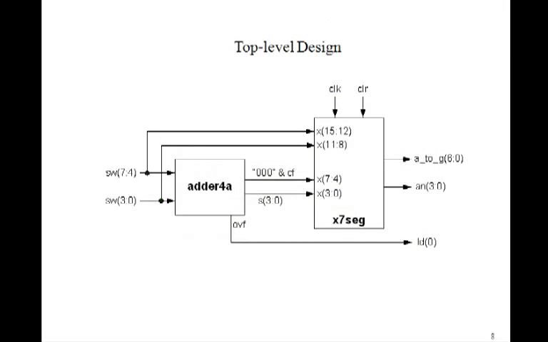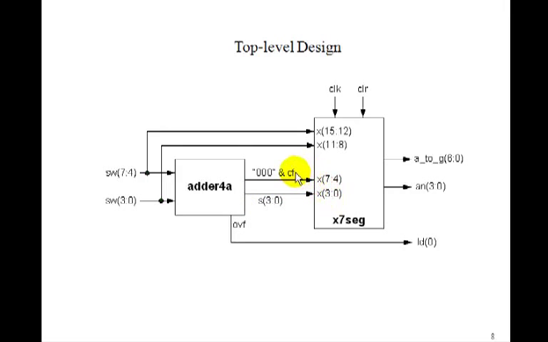You can then design a top-level design using that adder 4 component along with the X7 SIG, and then you can add the top 4 switches to the rightmost 4 switches, and you can have the sum displayed on the 7-segment display. The sum 3 down to 0 will be the rightmost digit.